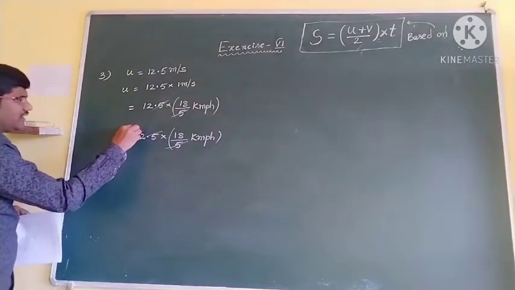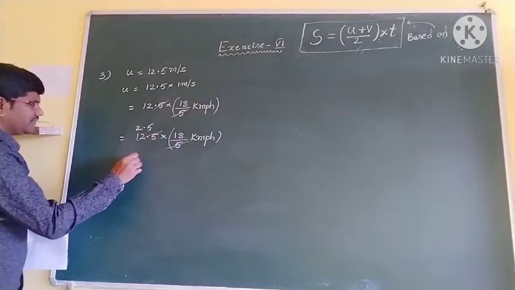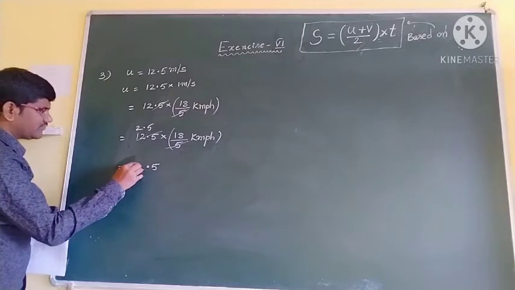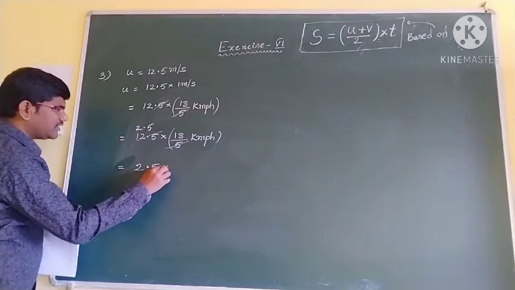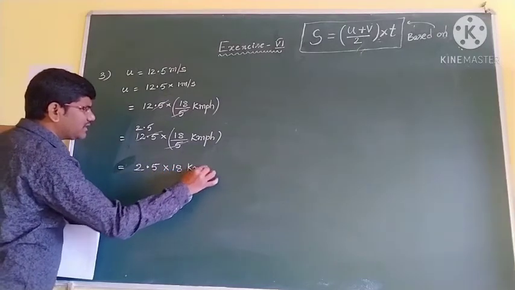Then 5 2's are 10 and 5 5's are 25, so we get 2.5 into 18 kmph.